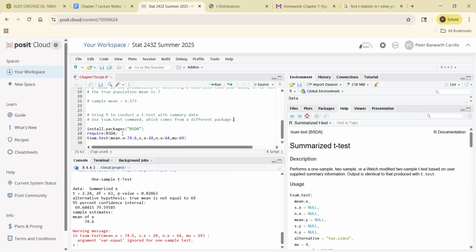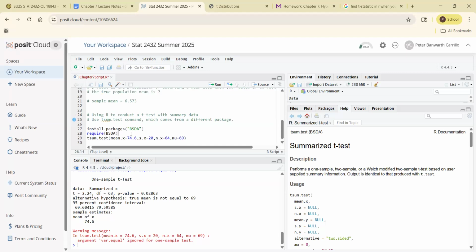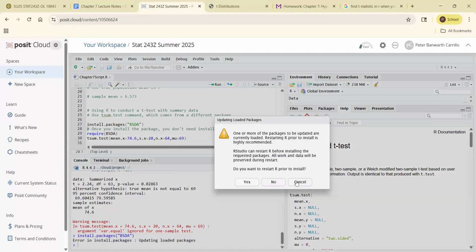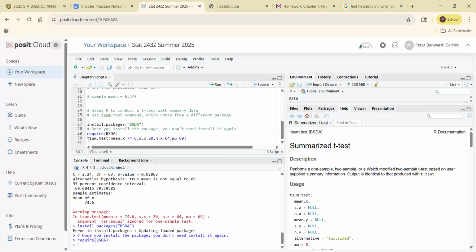So you install that package, you read in that package, and then you can do the test. Once you install the package, you don't need to install it again. So let's install that package, and it's already installed, so that's fine. So I require it. And now I put in my information.